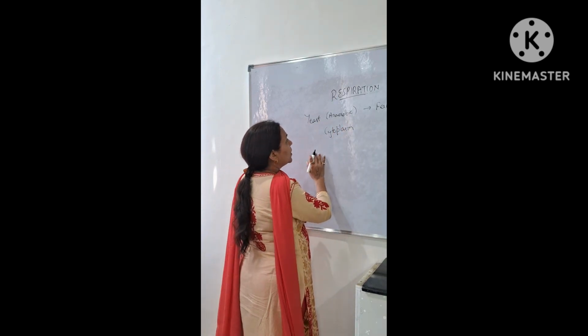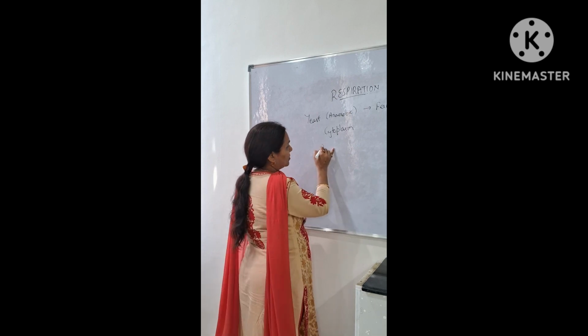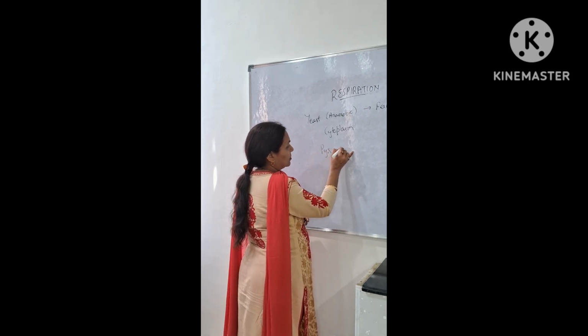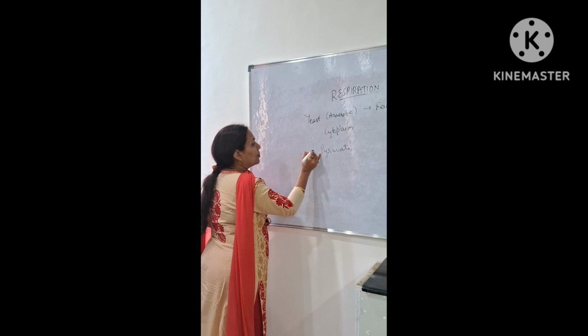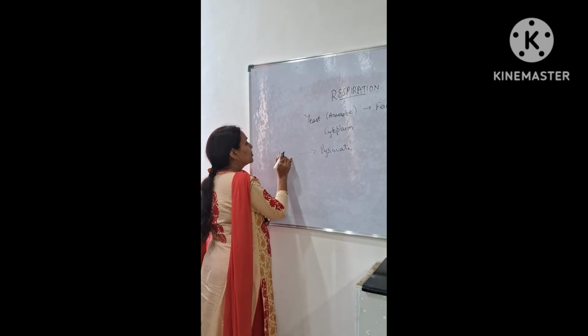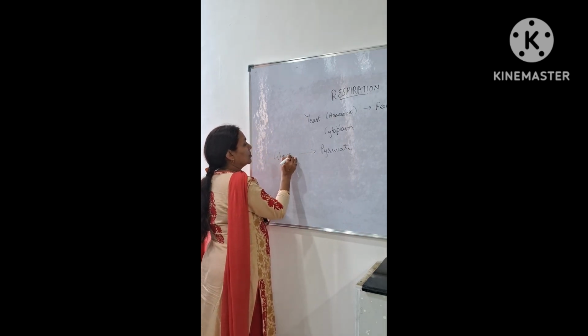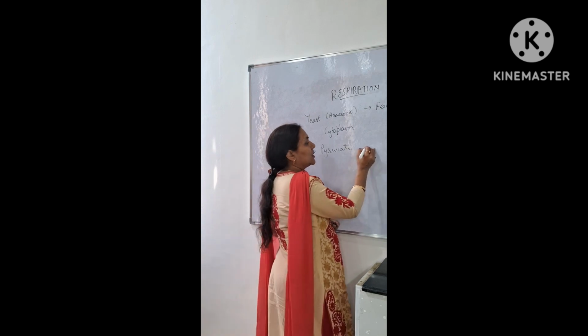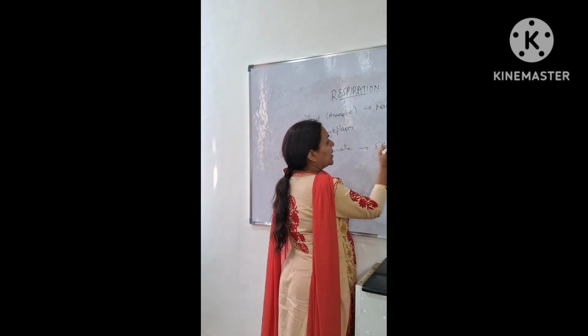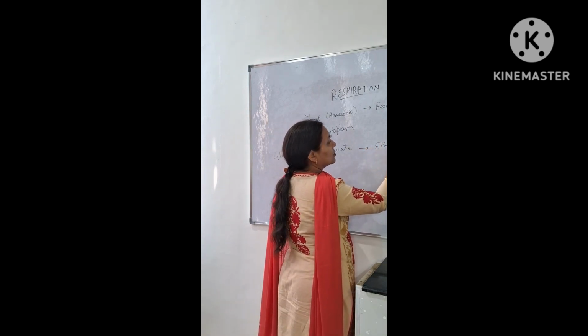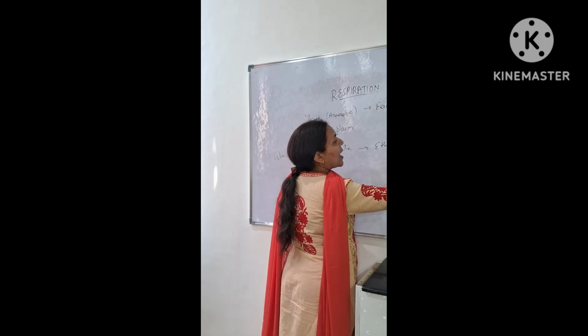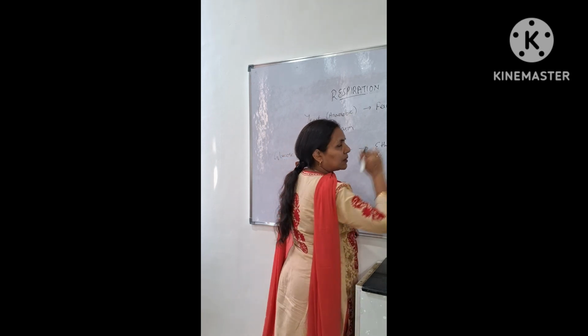Here the molecule of pyruvate, which is obtained from glucose, gets converted into ethyl alcohol and carbon dioxide.